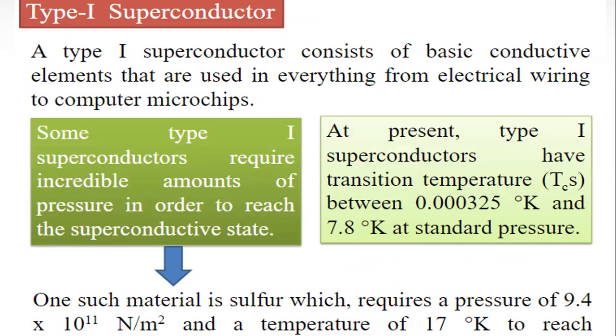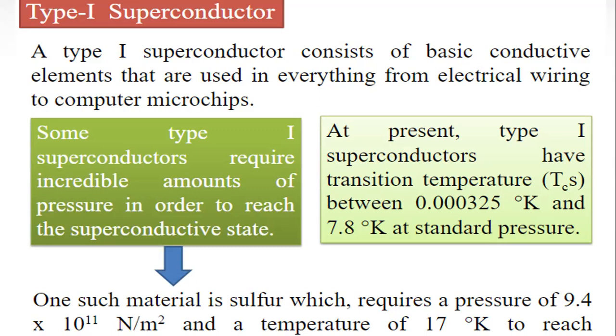Starting from electrical wiring to computer microchips, we require different superconductors. So type 1 superconductors are used for electrical wiring and also for manufacturing computer microchips. Some require a tremendous amount of pressure in order to reach the superconducting state.